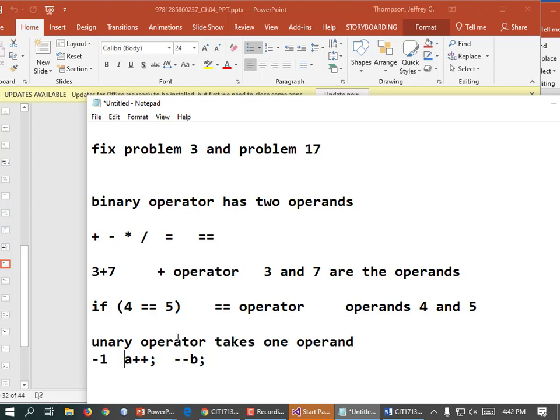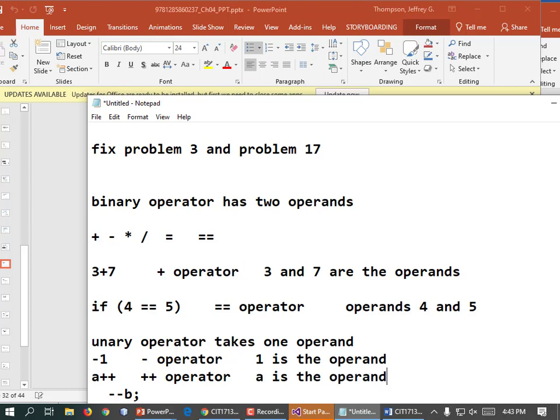So minus 1, what is the operator? The minus sign. And 1 is the operand. Here, what's the operator? Plus plus. Plus plus is the operator. And A is the operand, the data upon which it works.